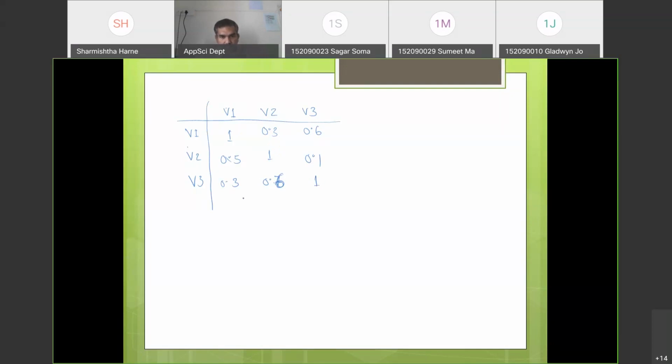To find out the factor loadings, we do an iterative process. If any correlation is negative, we just take the absolute value and make it positive.